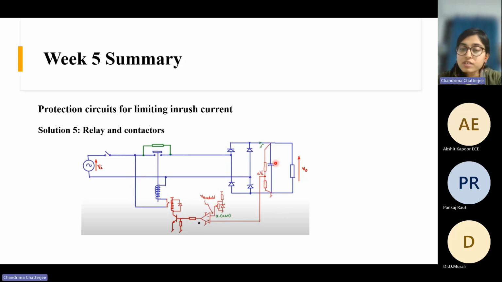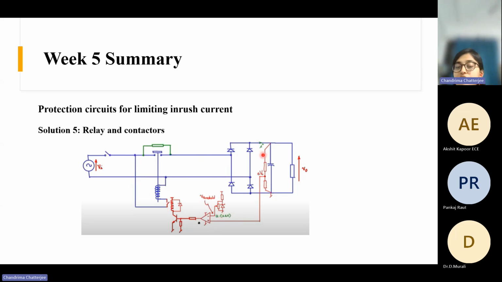So if you see this output voltage we are tapping, there is again a resistive divider circuit, and from this resistive divider circuit we are attenuating this voltage, and tapping it here at the positive terminal of the op amp, and the negative terminal is connected to a threshold voltage. Suppose it can be any predefined voltage.